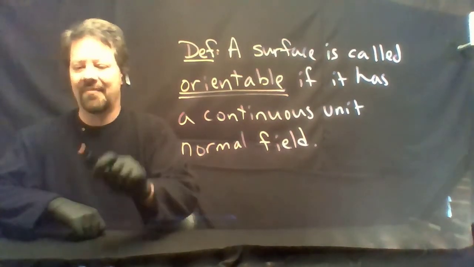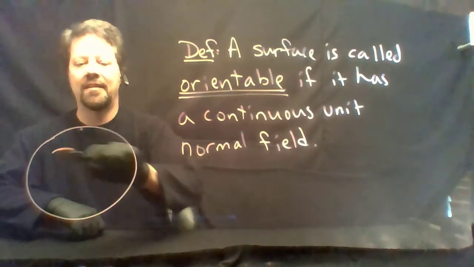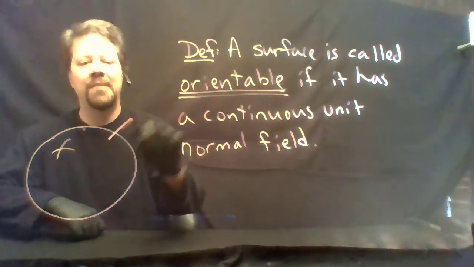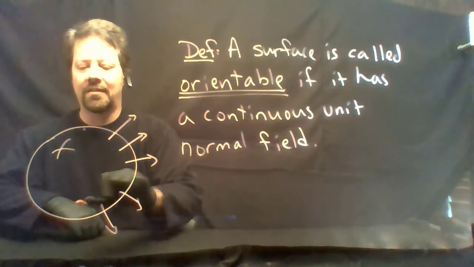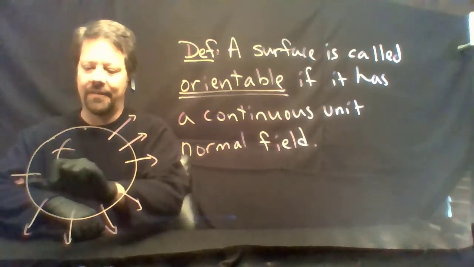For example, a sphere is orientable because you can continuously assign a unit normal field all across the surface of the sphere.